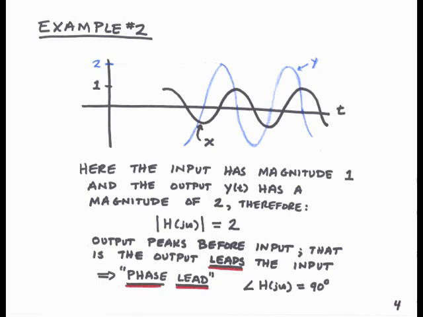Now you'll notice that the output, y, peaks before the input. We say that the output leads the input, and refer to this phase relationship as phase lead. In this case, the angle of H of j omega is 90 degrees. You can tell this because the output peaks when the input is crossing 0.